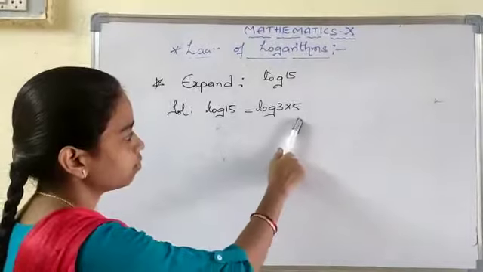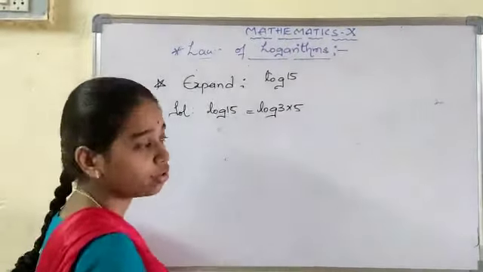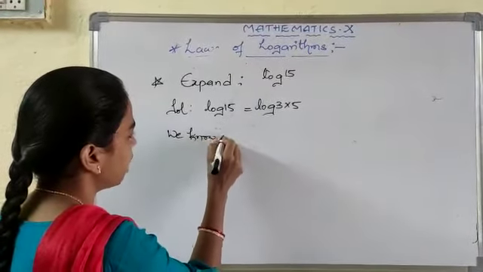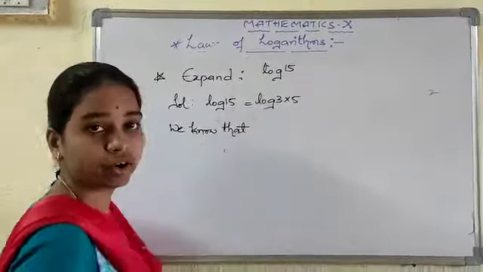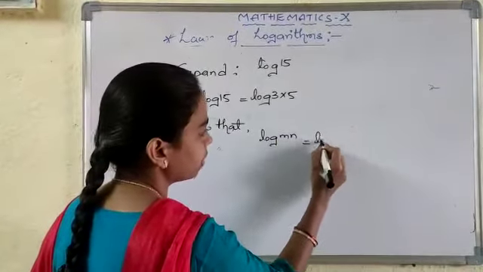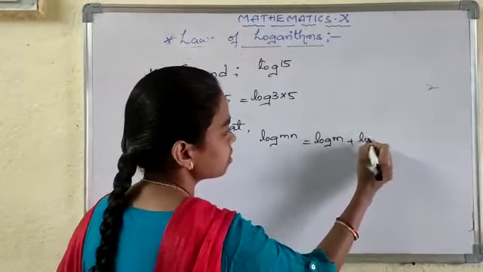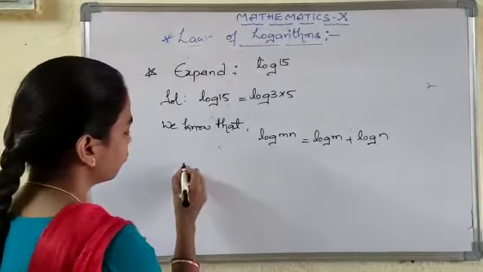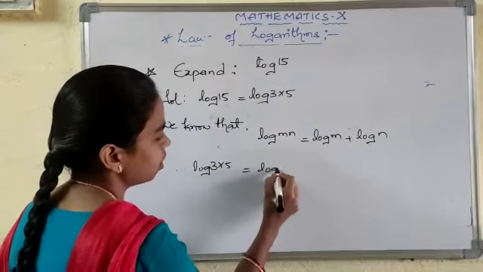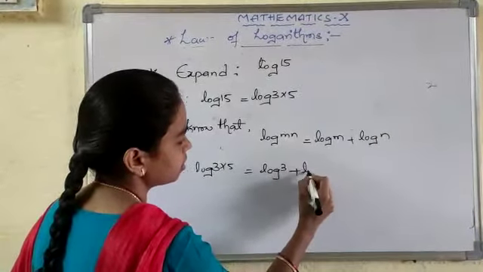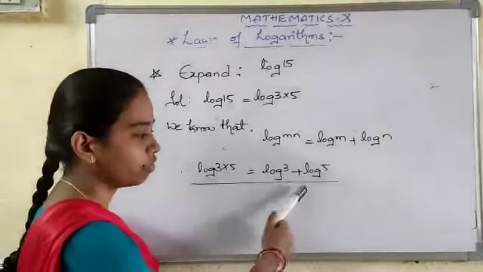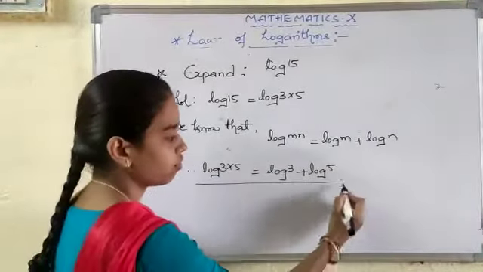So clearly we can observe that it is in the form of log m into n. So we can apply the addition of logarithm, that is log m into n can be written as log m plus log n. So therefore log 3 into 5 can be written as log 3 plus log 5. So it is the expanded form of log 15, that is log 3 plus log 5.